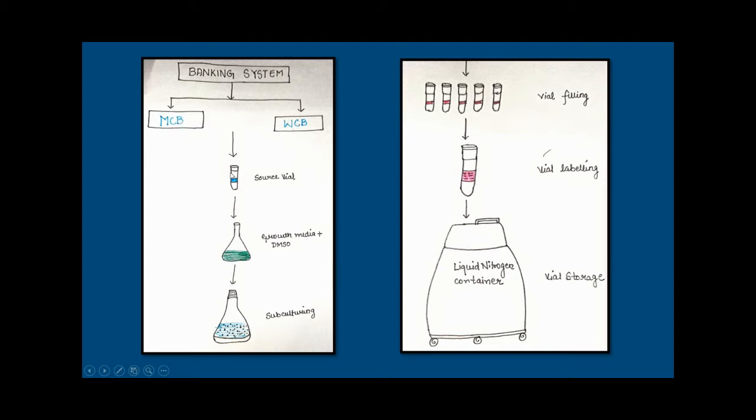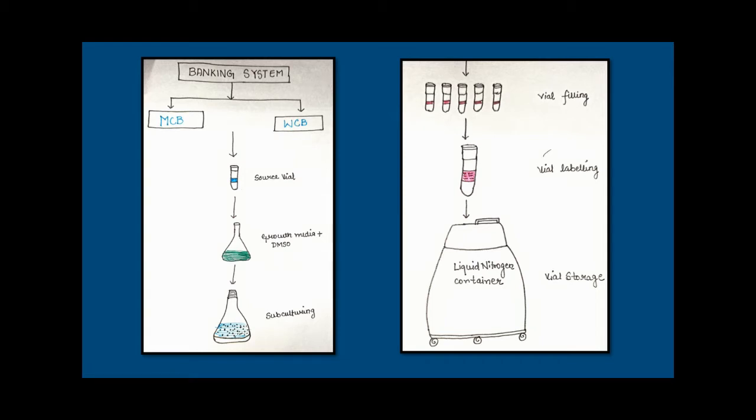From the source vial we allow the cells to grow in the growth media, and after that the subculturing is done. After subculturing, the cells that have divided are filled in the cryo vials, a step called vial filling. Then comes vial labeling.